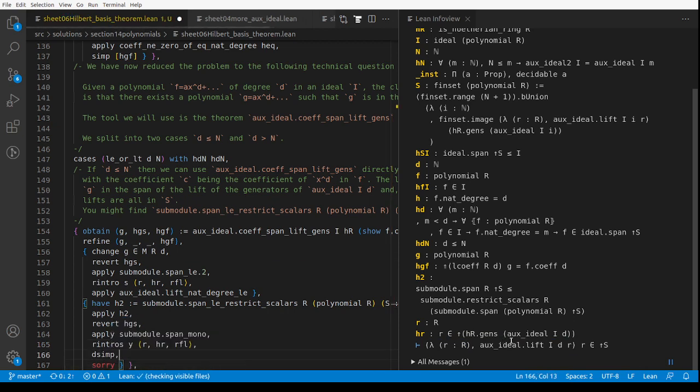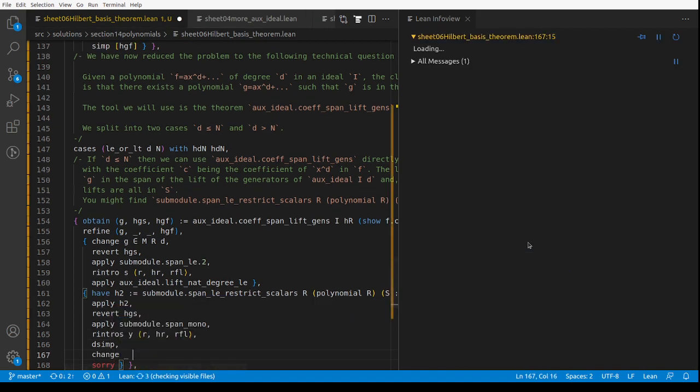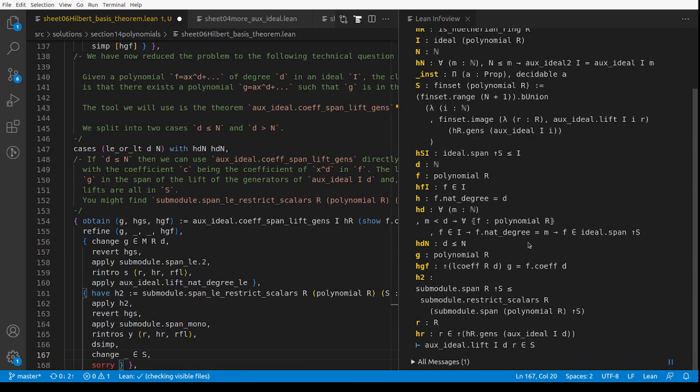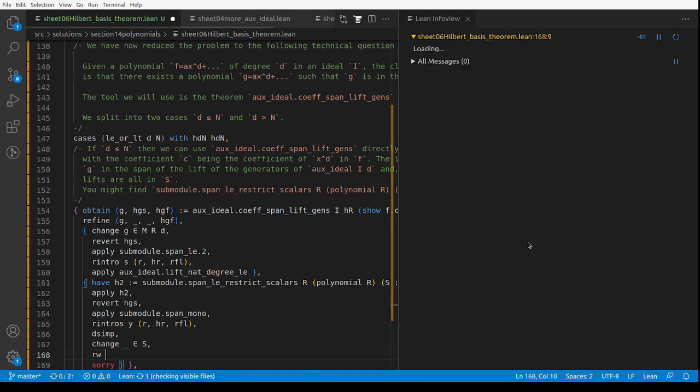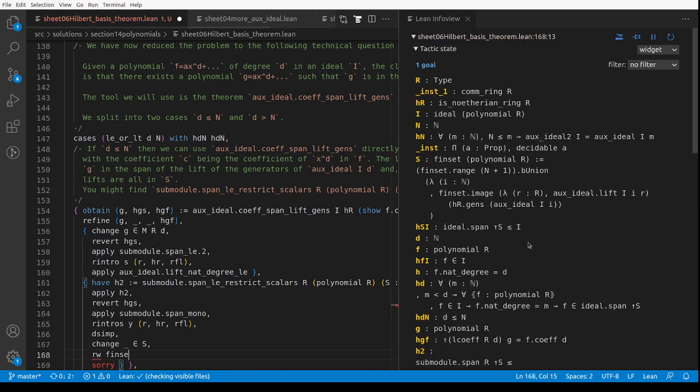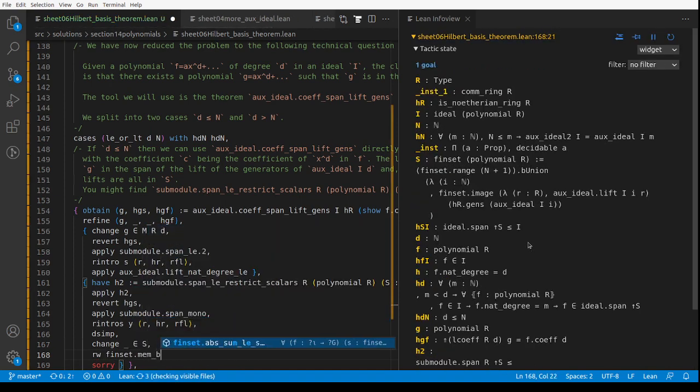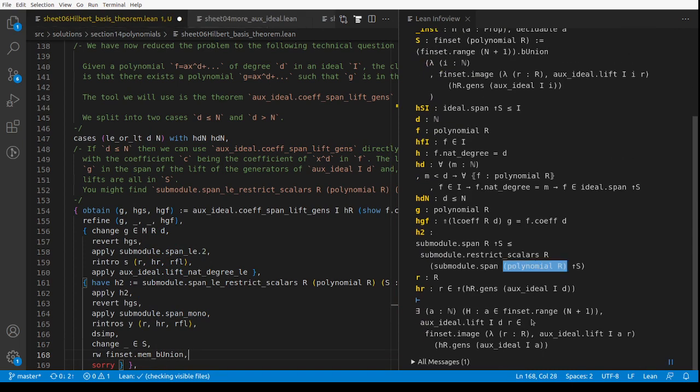And now I need that it's in S. So change, something is in S. There, and now I rewrite whatever it was called. Rewrite Finset.mem_union, and now I'm hoping that this should be easy.